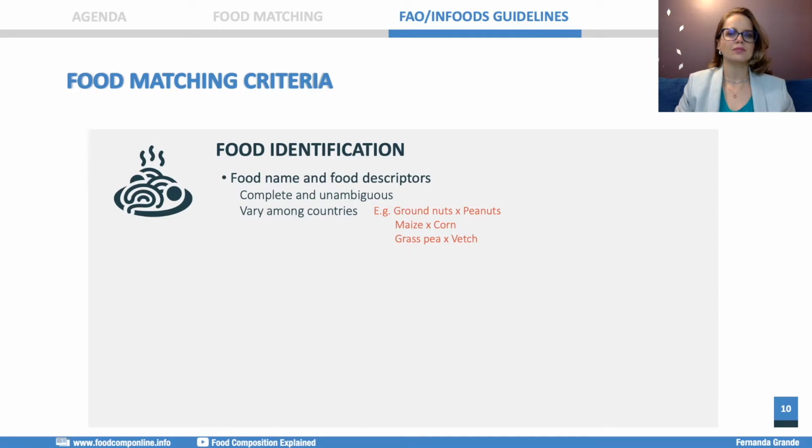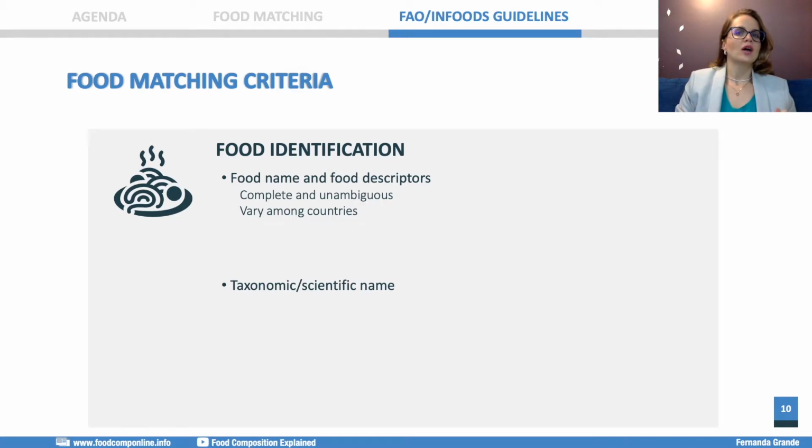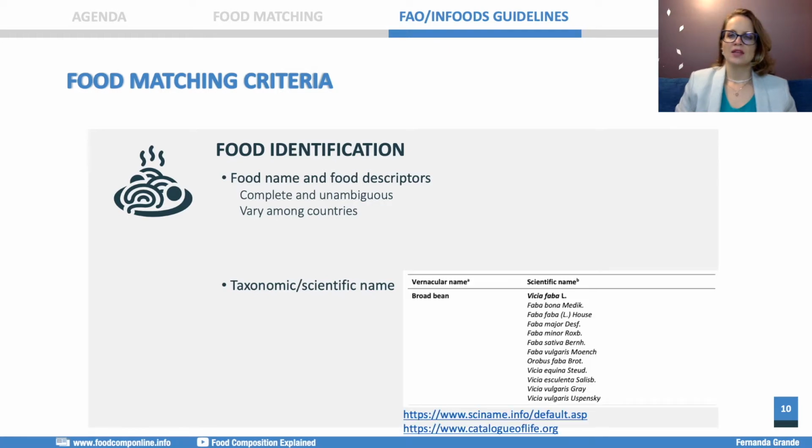The next aspect is the scientific name. Scientific names may be used during food matching, but they also can vary for the same food. So, for example, here I'm bringing a variety of scientific names that we can find for broad bean. We can see that the first one in bold is the official one, but all the others may also be found in the literature.